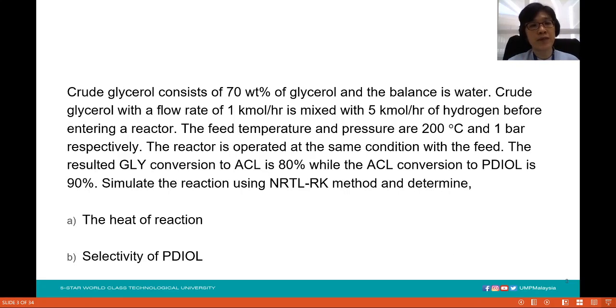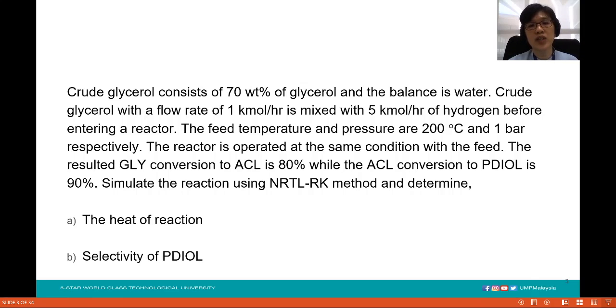For the feed, we have the crude glycerol, which consists of 70% glycerol and the balance water. Crude glycerol is fed to the system with a flow rate of 1 kmol per hour, and it is then mixed with 5 kmol per hour of hydrogen before entering the reactor.